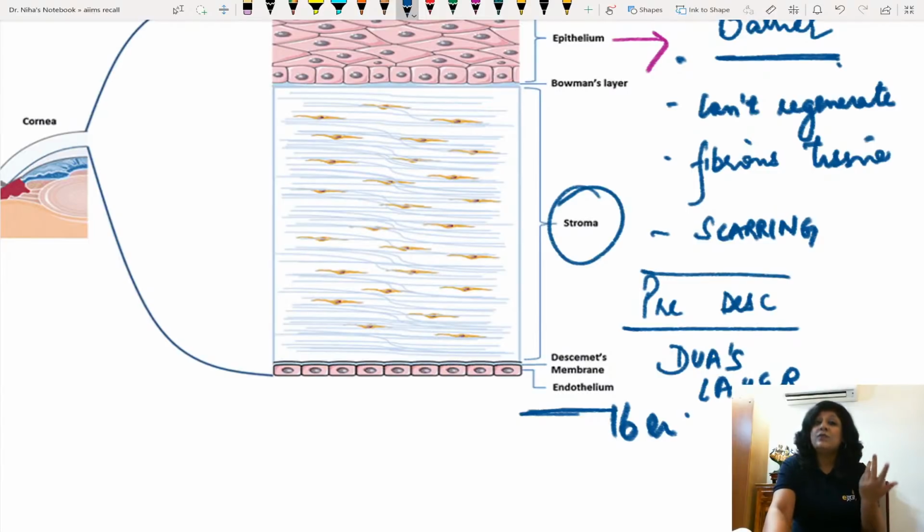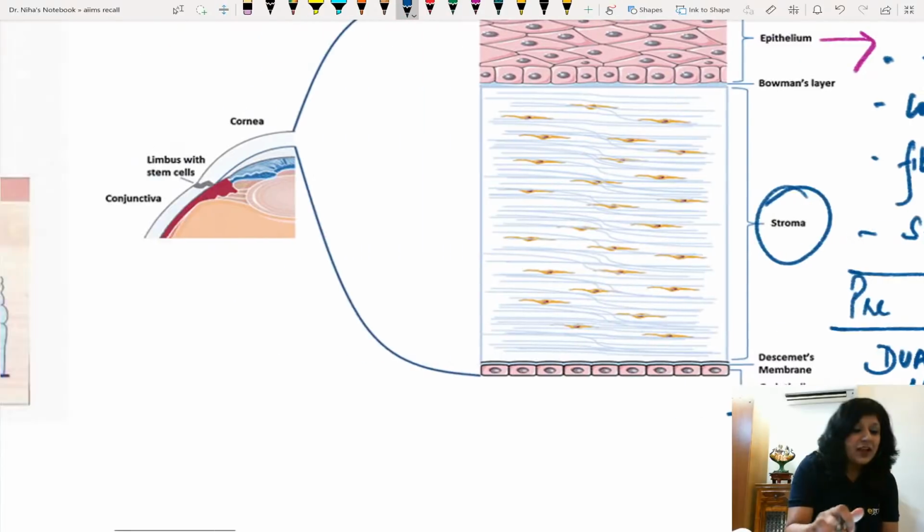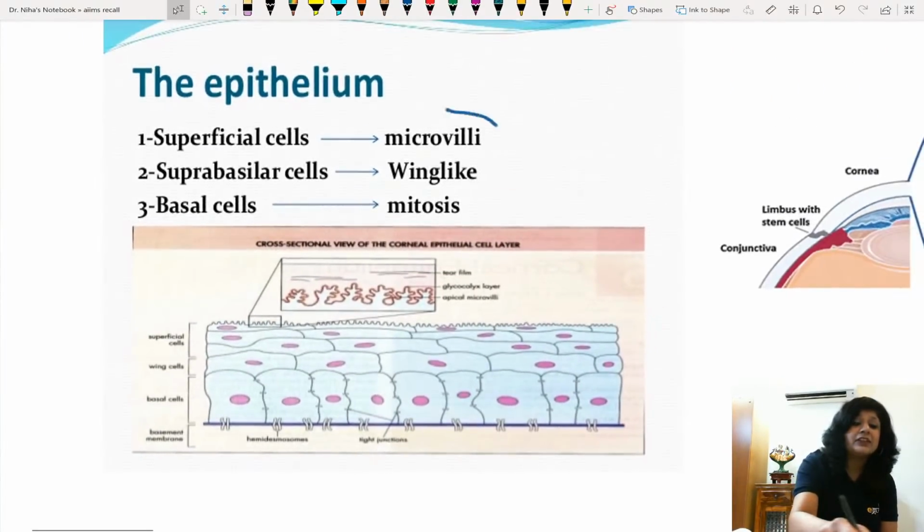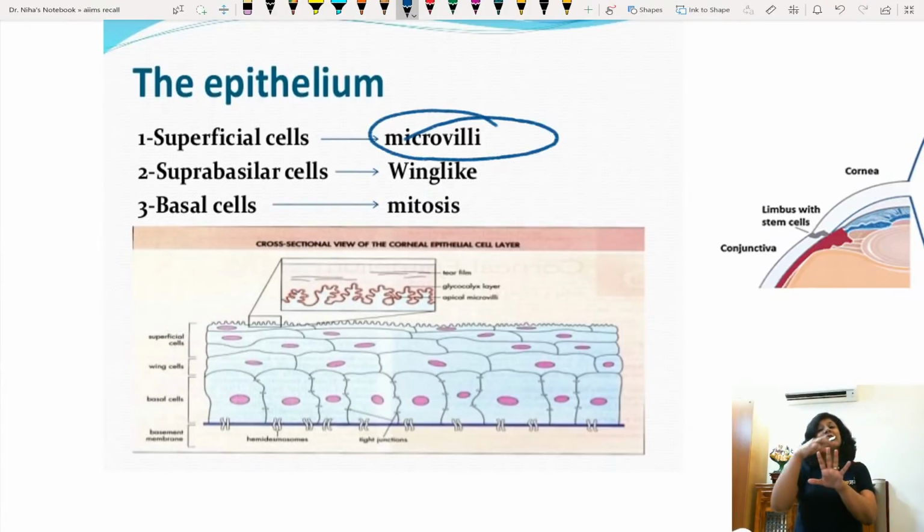And you should know we have got hexagonal cells seen by the specular microscopy. Now there is one more thing. What they are saying is that we also have this microvilli. So we have got the villus structure. Villus structure is present on the apical cells. So apical cells we have got in the epithelium also, and the apical cells we have on the endothelium also.